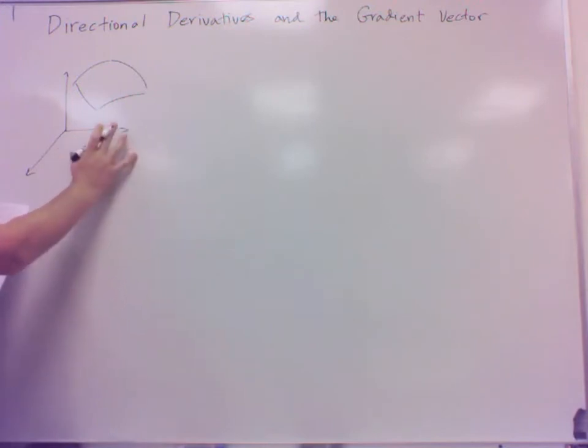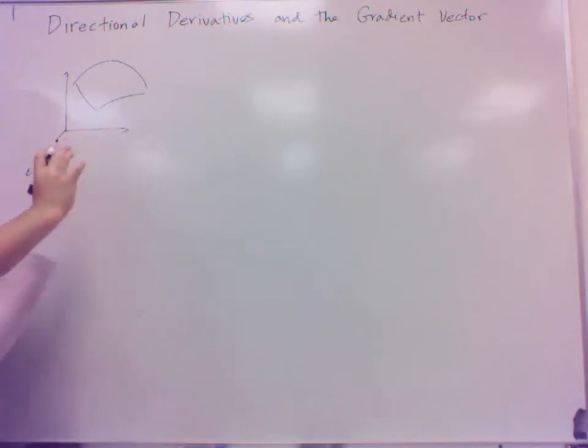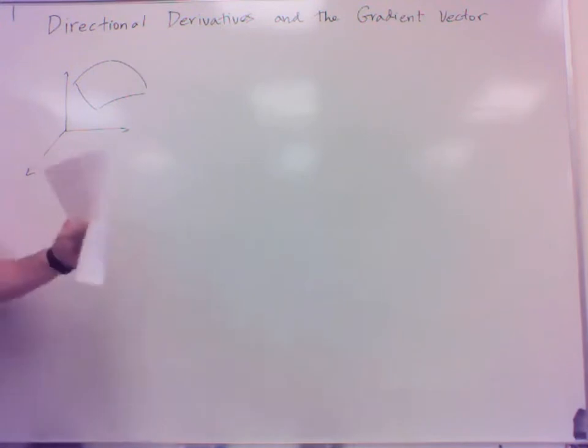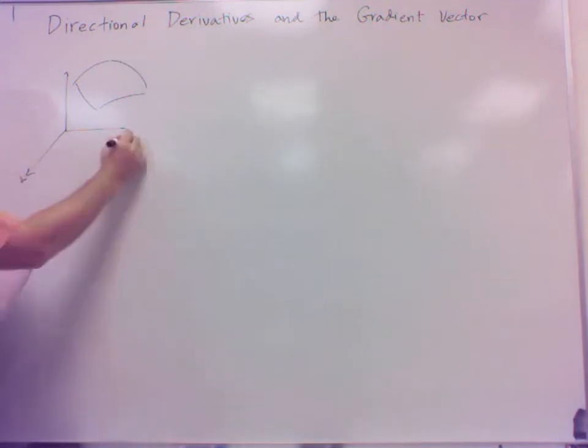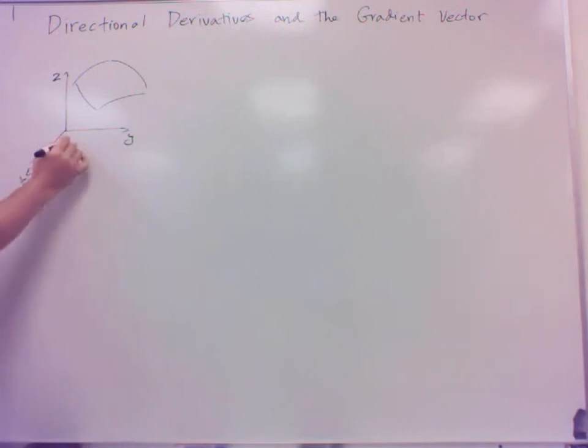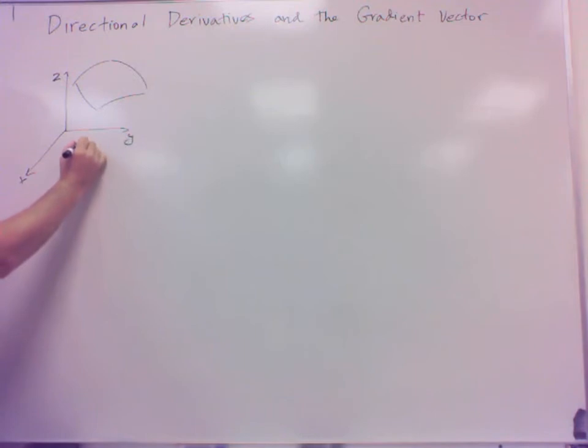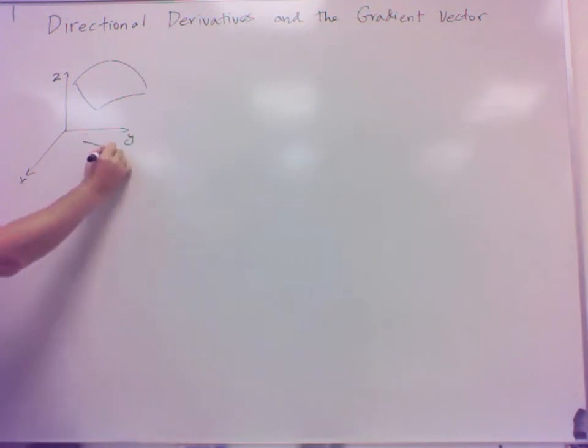The way we'll do it is with a unit tangent vector in the xy plane here, which I should label. So what if I didn't want it just specifically in the x or the y direction? What if I wanted it in, say, this direction here?